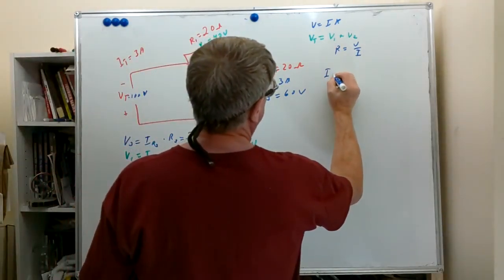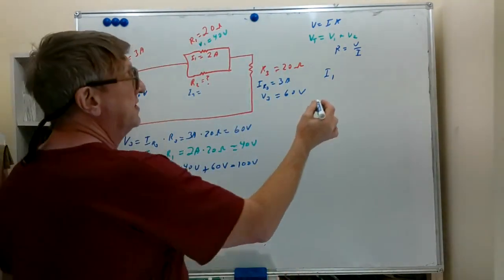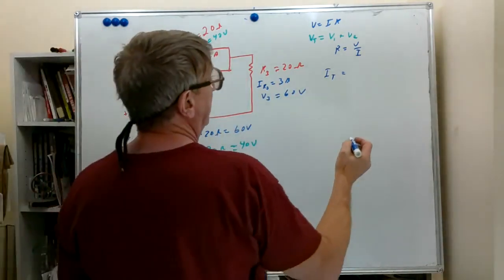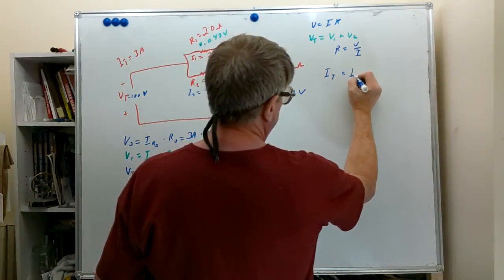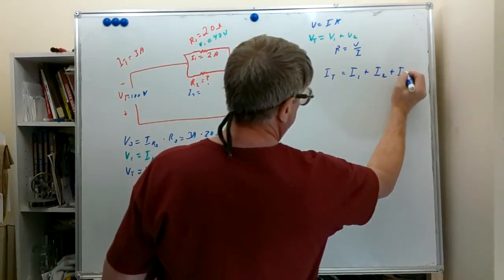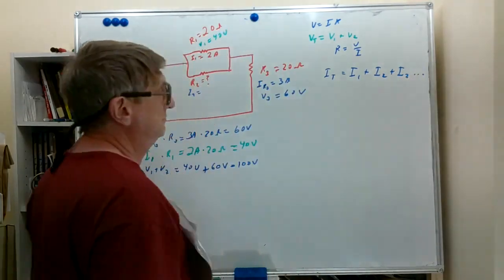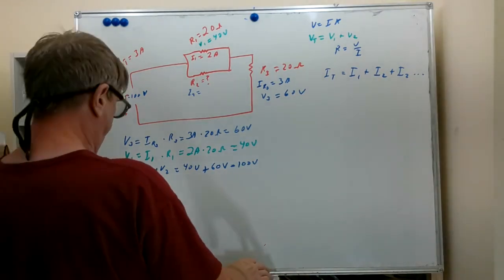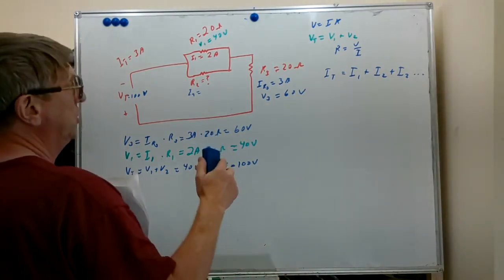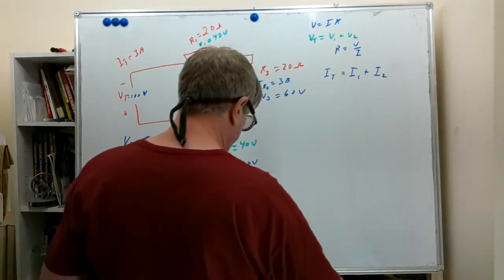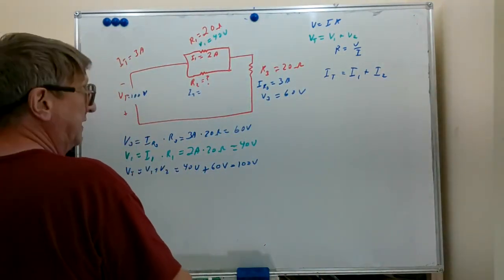Because we know that IT, and this is how current divides up through parallel branches, is going to be the current in branch 1 plus the current in branch 2 plus the current in branch 3, for however many parallel branches we might have. Well, we have only 2 here, so I'll erase the extra just to keep from getting confused.